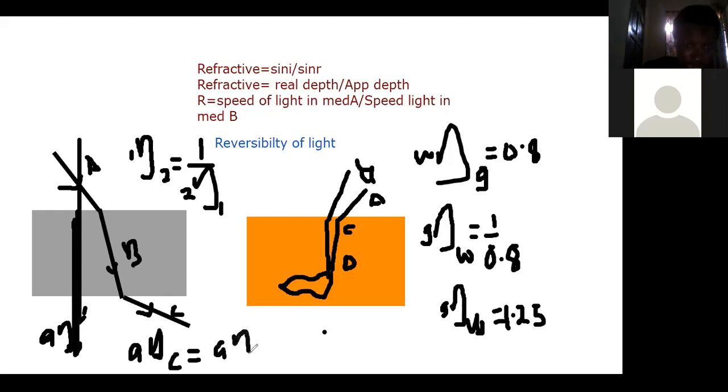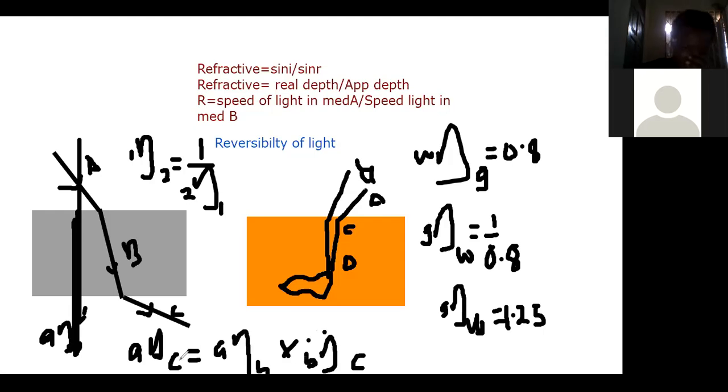You bear with me looking at the diagram. Then when it gets to medium B, light will also have to move from medium B to medium C. So that will be our distance.